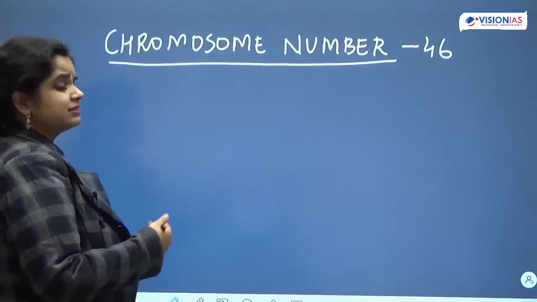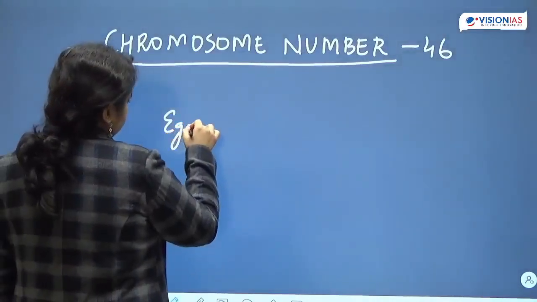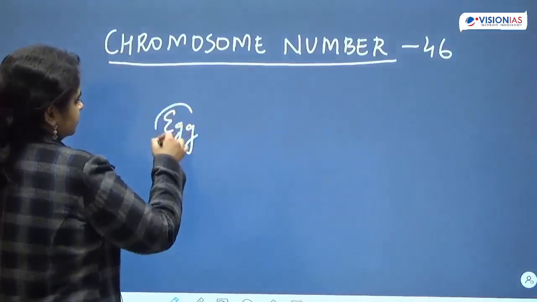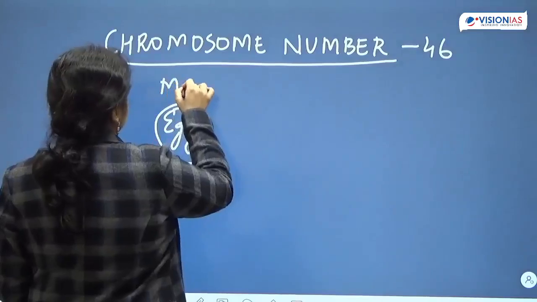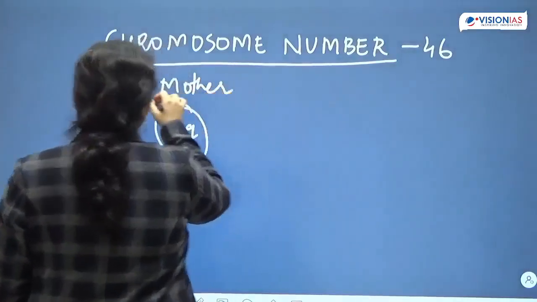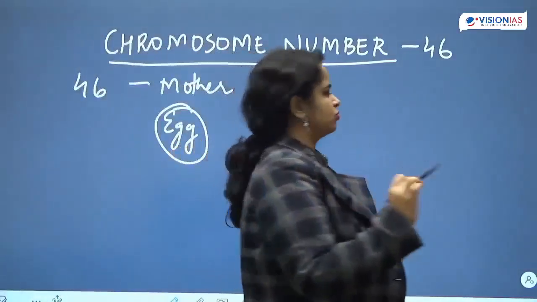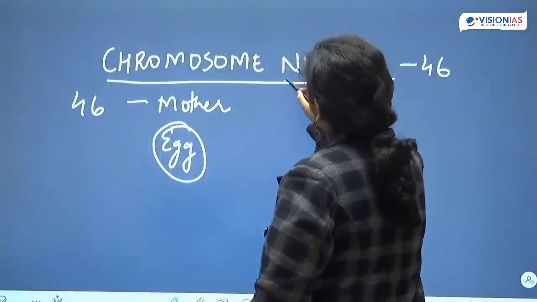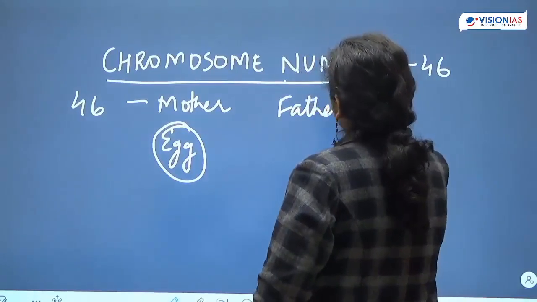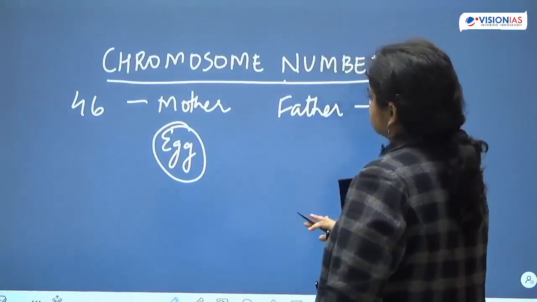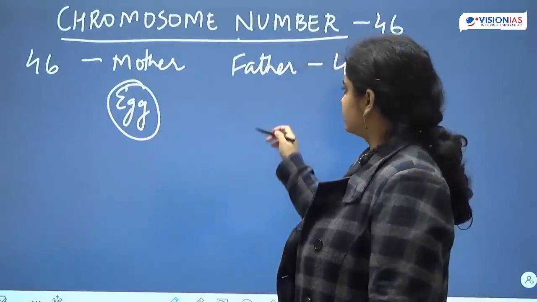Now, let's consider the system of reproduction. So, how reproduction takes place is, there is an egg which comes from the mother. So, mother has 46 chromosomes. All the cells of your body, they have 46 chromosomes. Father also has 46 chromosomes. The mother gives an egg during reproduction.